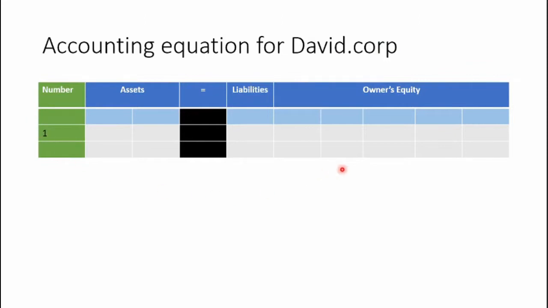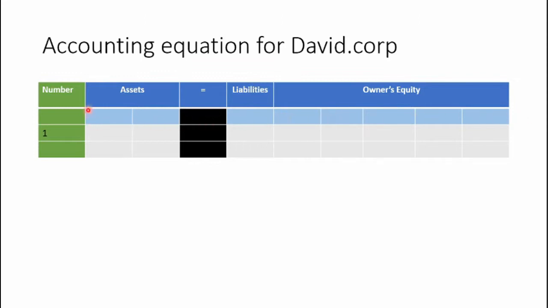Okay, so now this is the normally used template for the accounting equation. This is a common template. We have the big column here for asset, which is the left side, and equals liability plus owner's equity, which is on the right side. And for this blue row, this is where we will put our account names.